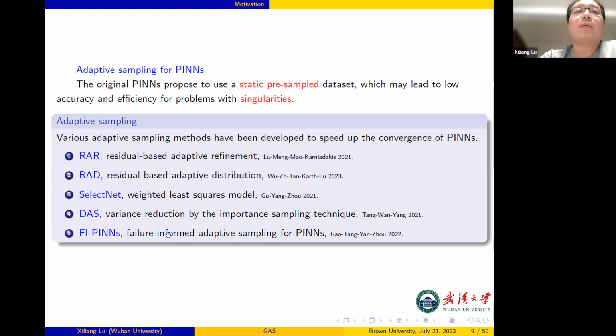Another work is the Zhou Tao proposal, called failure-informed adaptive sampling for PINNs, which also uses the residual. When the residual is big enough, we put more points. If it is smaller than some tolerance, we just ignore that.